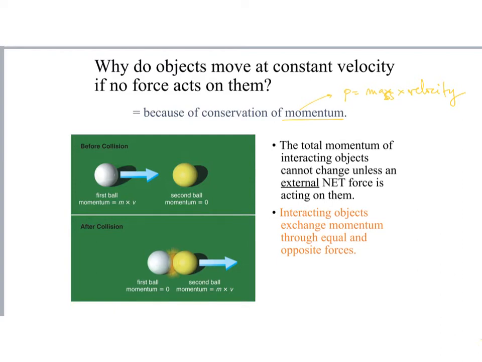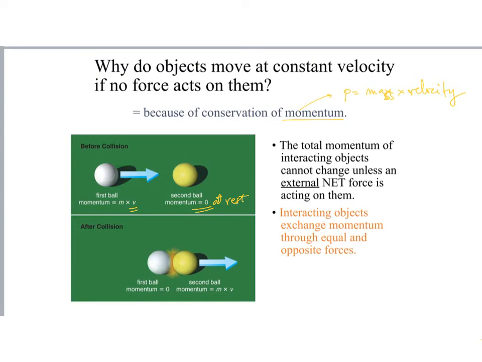Okay, so here's an example of collisions of two balls. You have the first ball that's coming with a certain momentum, therefore velocity, bumping into a second ball that was at rest.